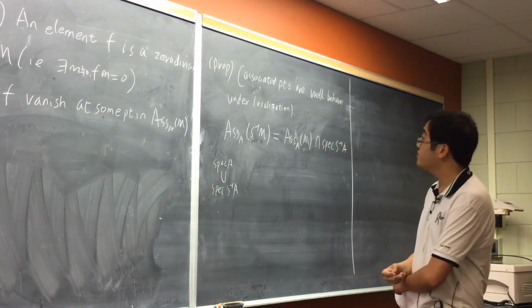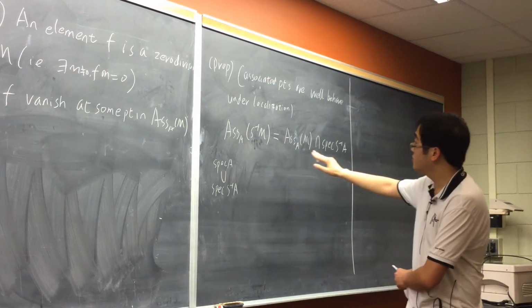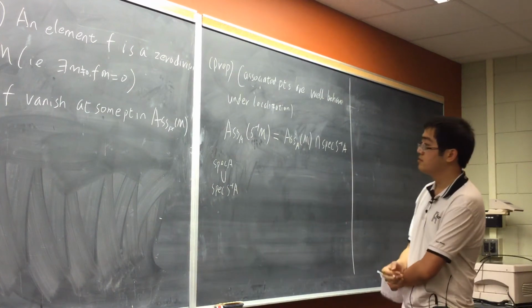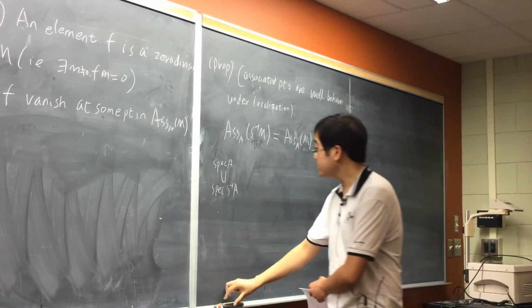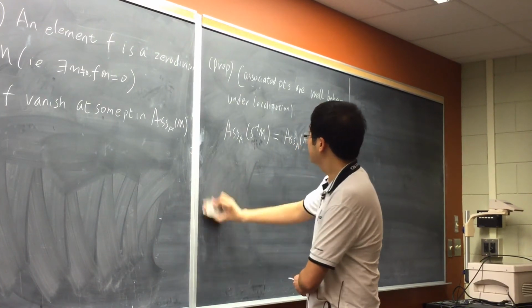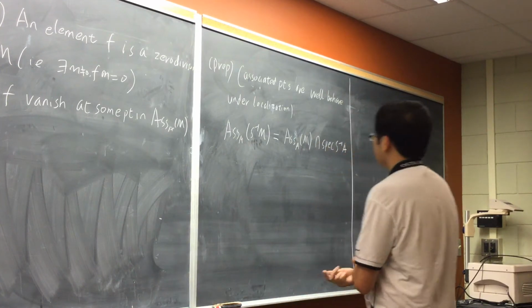We want to say that the associated points of S inverse M are those associated points of M that lie in this subset. And this will be the most difficult proof of this talk.